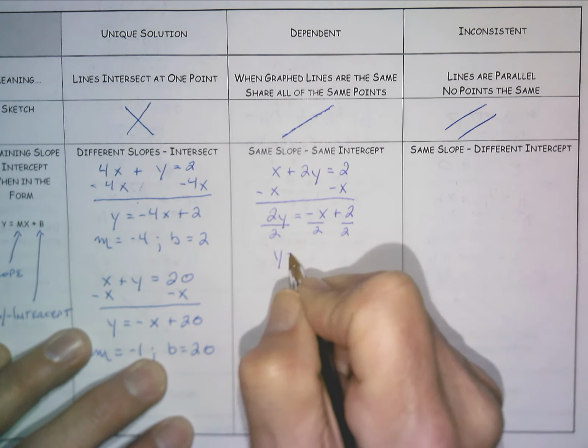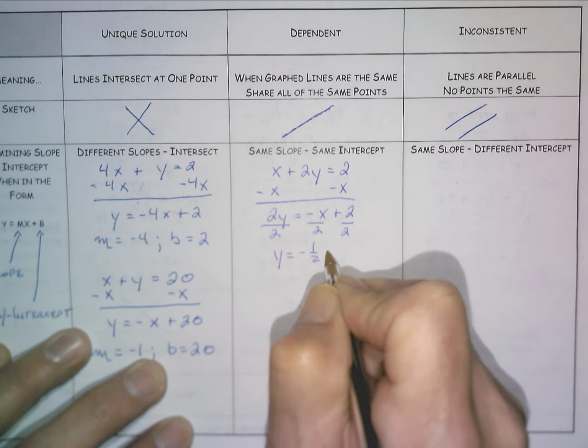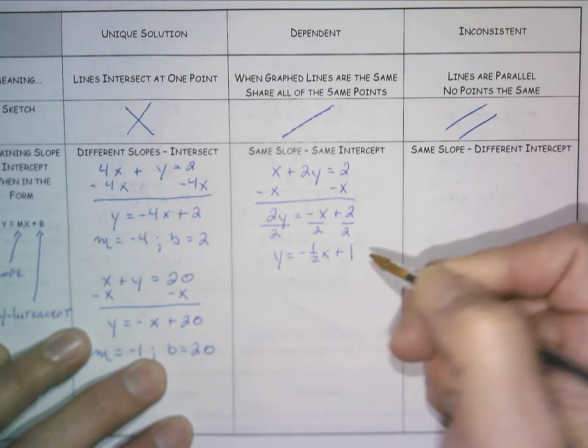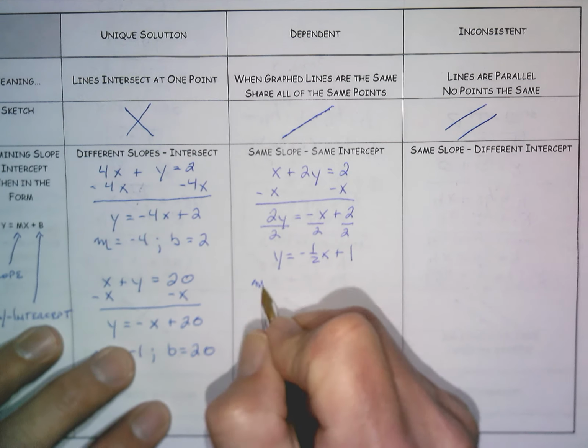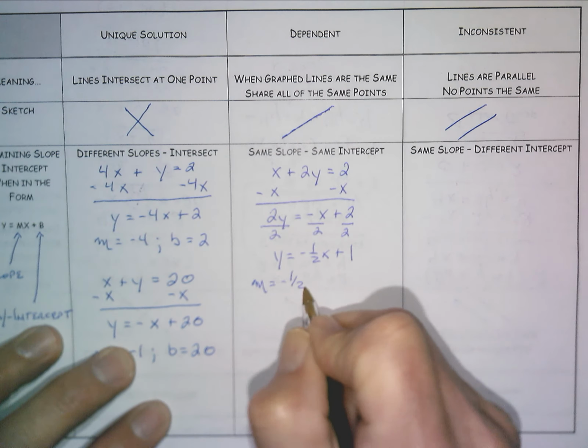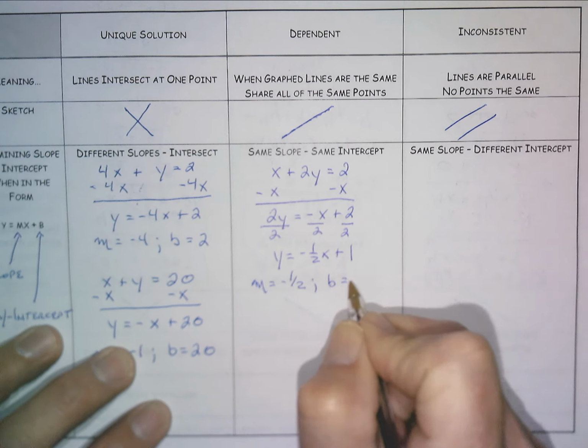And I get y equals negative 1/2 x plus 1. Negative x divided by 2 is understood to be negative 1x. So that's where we get the negative 1/2. When I'm done with all that, I find out that the slope is negative 1/2 and the intercept is 1.